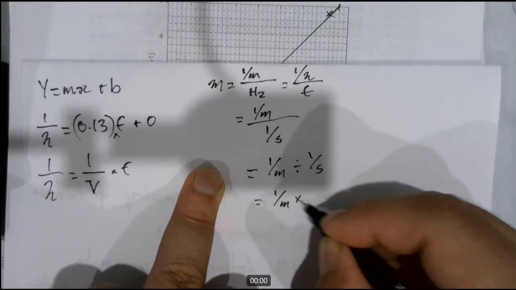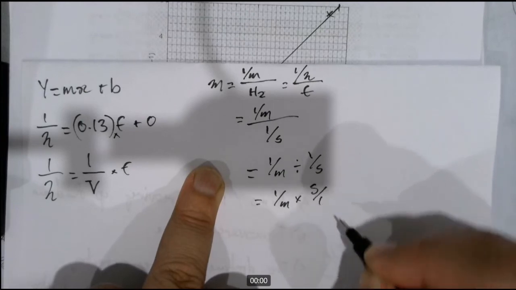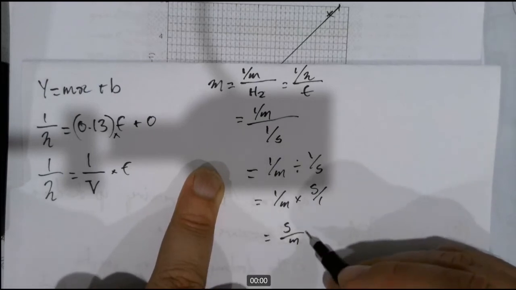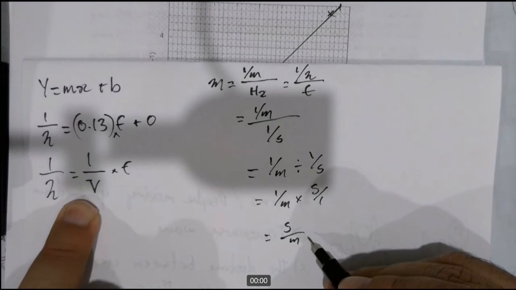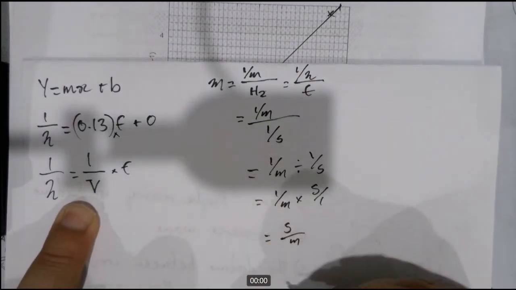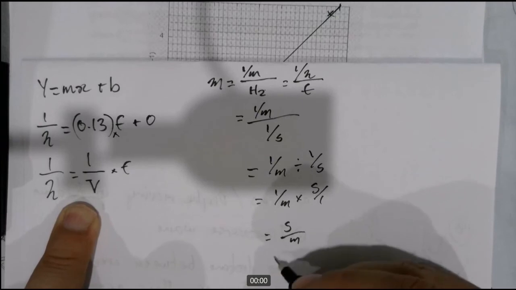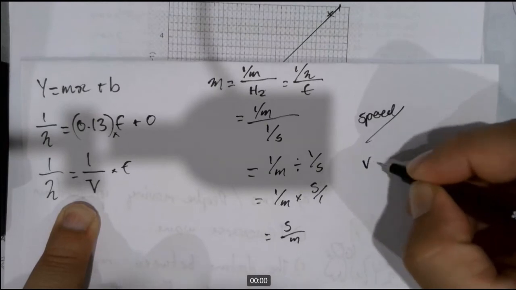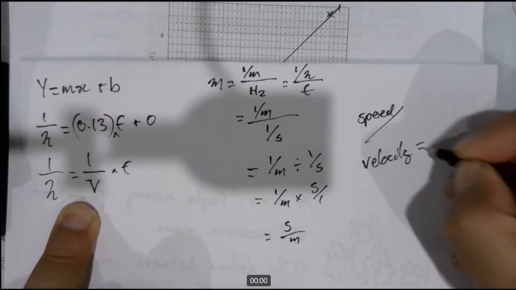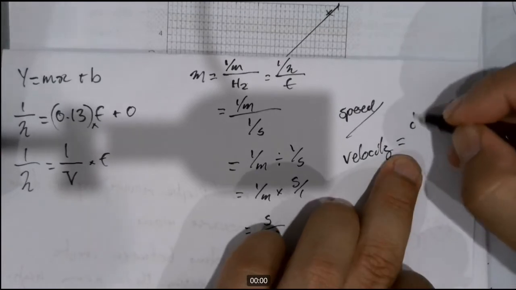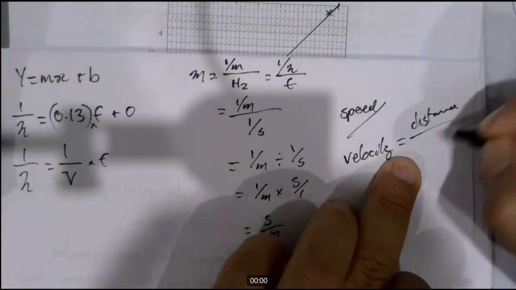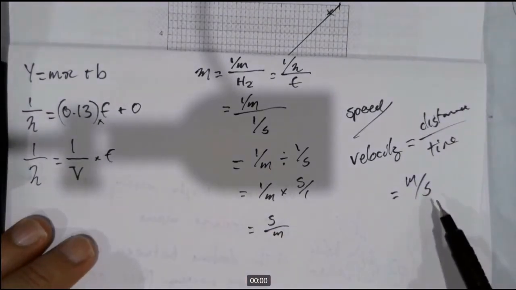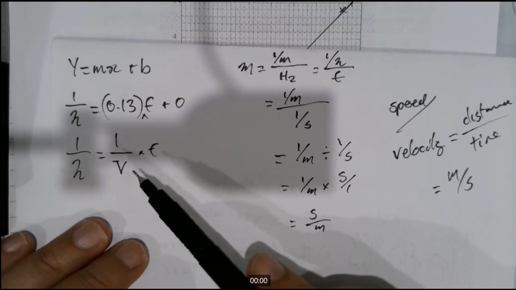So inverse meters times 1 over seconds. So we get seconds per meter. Now that's the opposite of speed. Speed or velocity is equal to distance divided by time, which is equal to meters per second. Okay, so we have that inverse unit there.